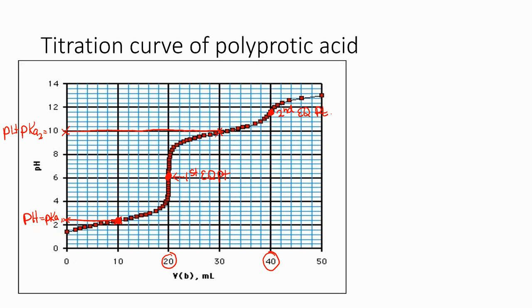So recapping then, pKa1 looks like about 2.5. So the buffer region would be 1.5 to 3. pKa2 is at 10. So the buffer region would be between 9 and 11.